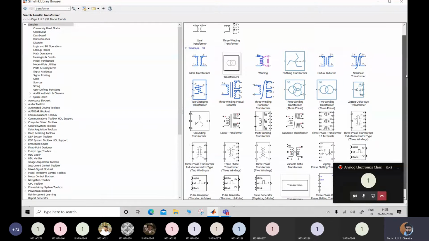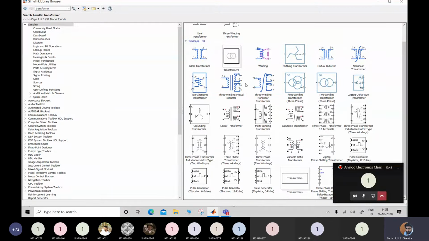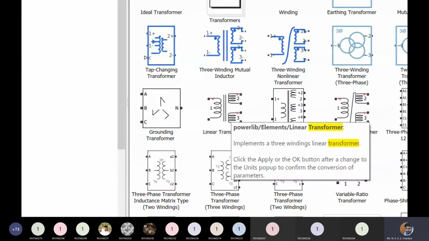Out of this, I'm going to use this linear transformer. In the linear transformer, it shows one winding on the primary side and two windings, number 2 and 3, on the secondary side. Are they visible to you?